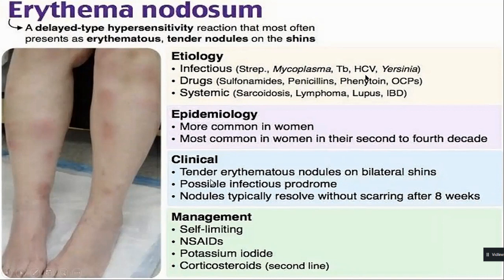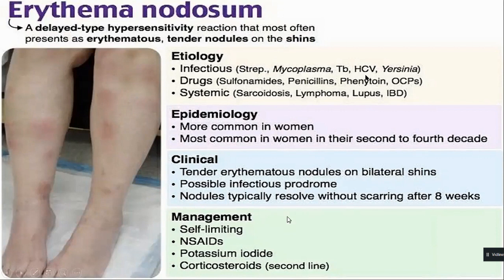As we said, it's tender erythematous nodules on bilateral shins, so both legs. Possible infectious prodrome. Nodules typically resolve without scarring after 8 weeks. So after 8 weeks, you will not find any scars.